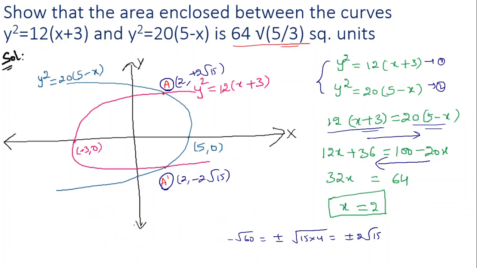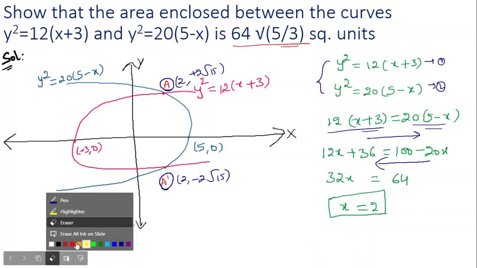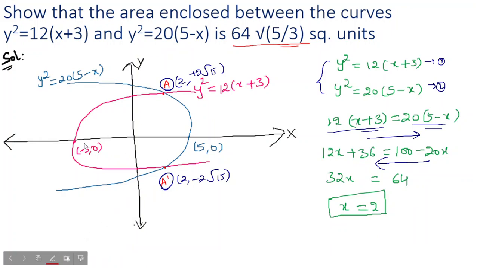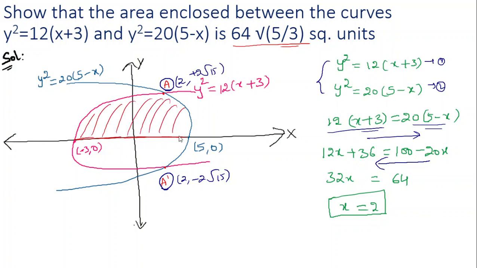So now let us observe these two curves again. If we observe these two curves, the given figure is symmetric about the x-axis. This means that the upper part is the same as the lower part.